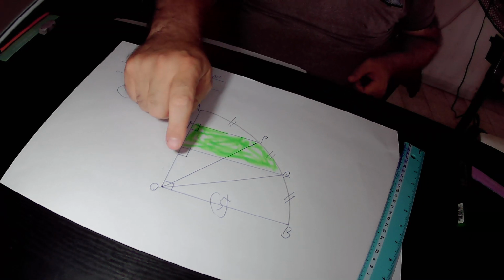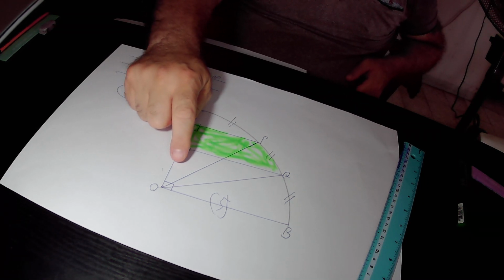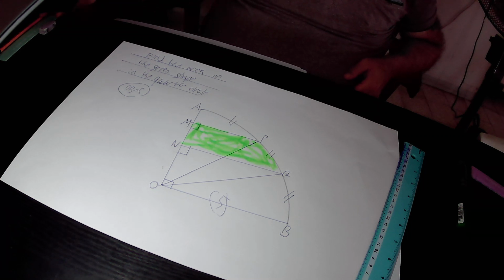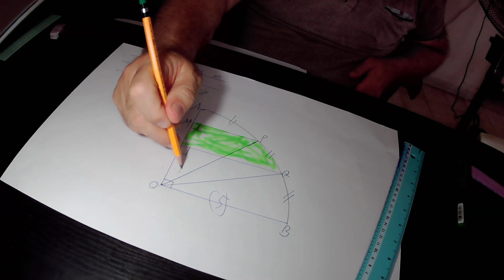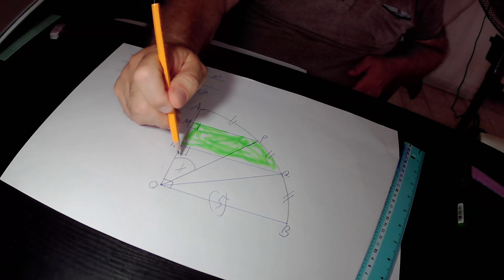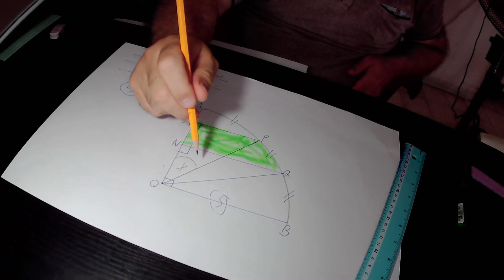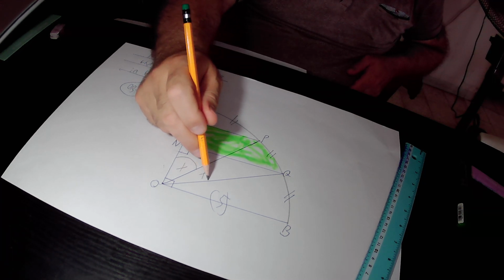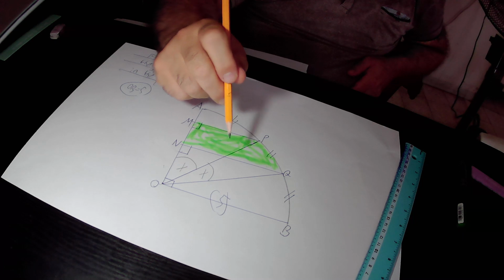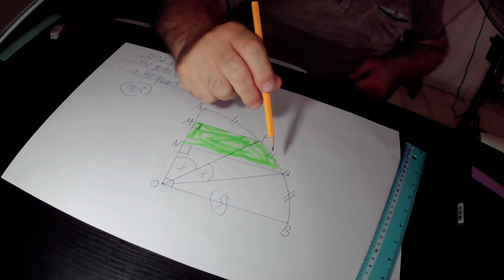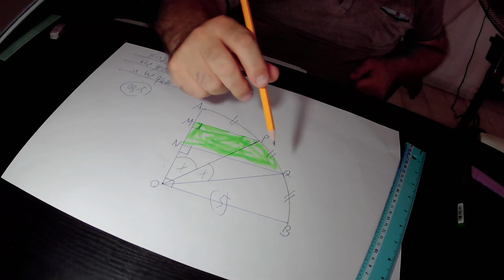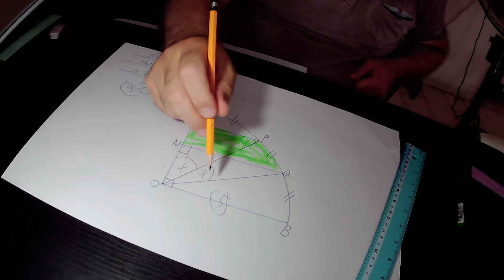So if this central angle AOP equals x degrees, then according to rule 20, the size of this central angle POQ must also be equal to x. Likewise, according to the same rule 20, this central angle QOB must also be equal to x.